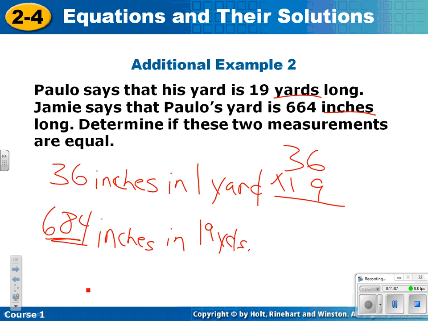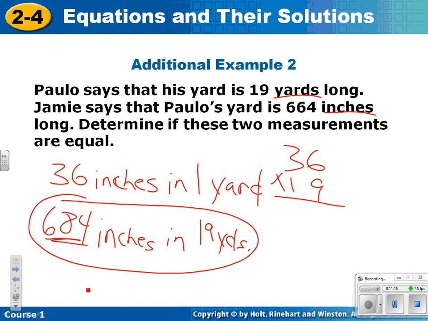Now, a bunch of you are going to, on your homework, go, oh, 684, and you're going to leave this as an answer. You're going to probably circle it. You're going to go, oh, there's my answer. Is that the correct answer? Why is it not the correct answer? Marissa.